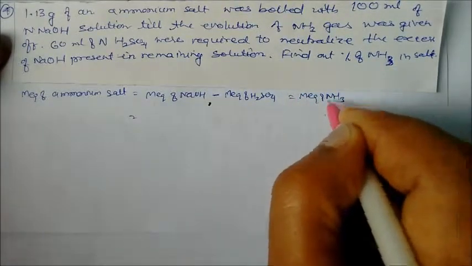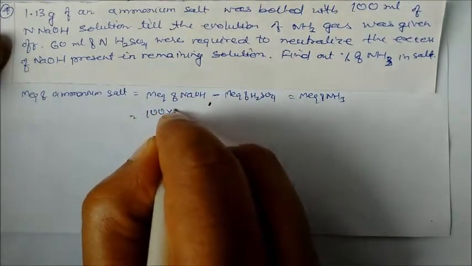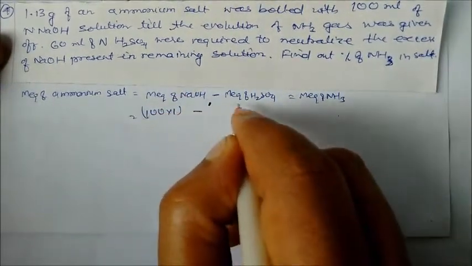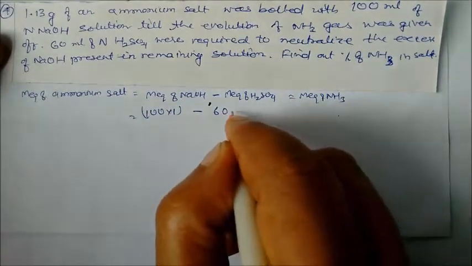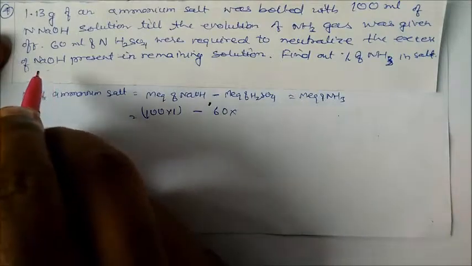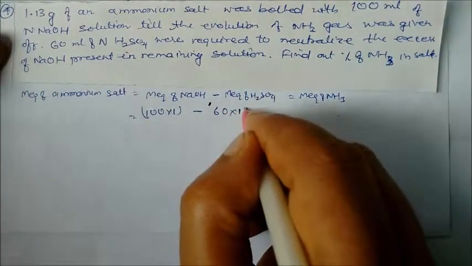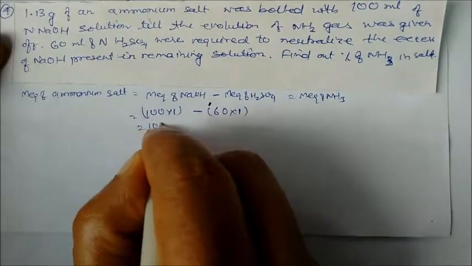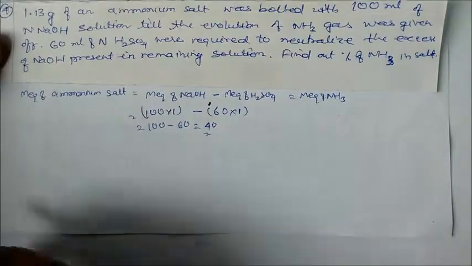Milliequivalent of sodium hydroxide is 100 multiplied by 1, minus the milliequivalent of H2SO4, which is 60 ml times 1 normal, so 60. 100 minus 60 gives 40. So 40 is the milliequivalent of ammonia.